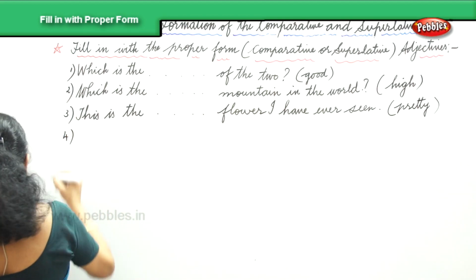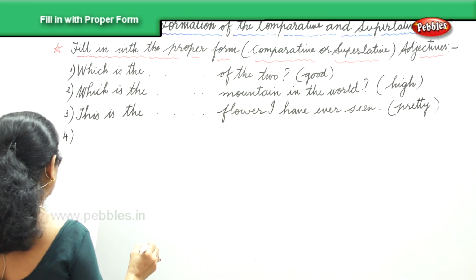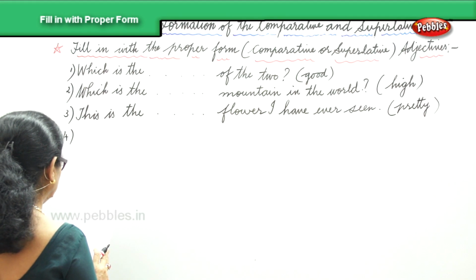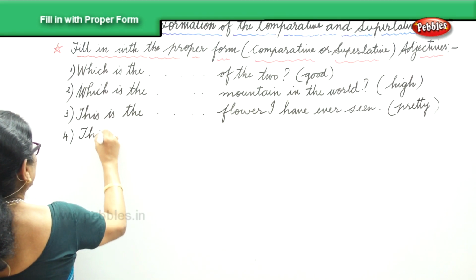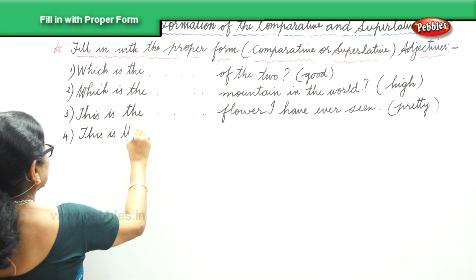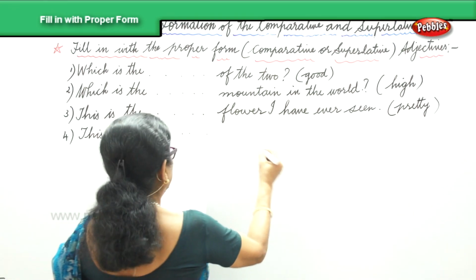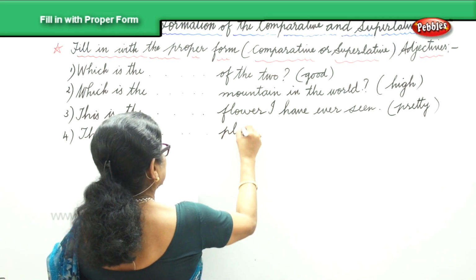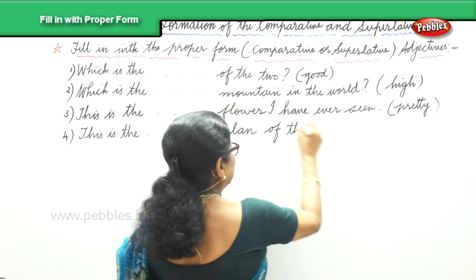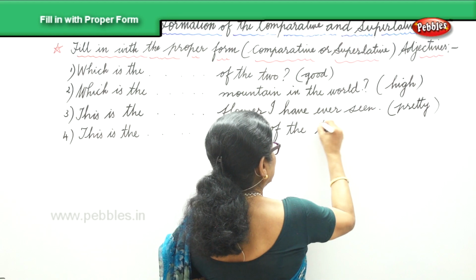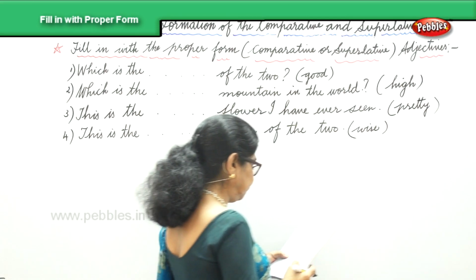Next we have: this is the dash plan of the two, and wise is the word given.